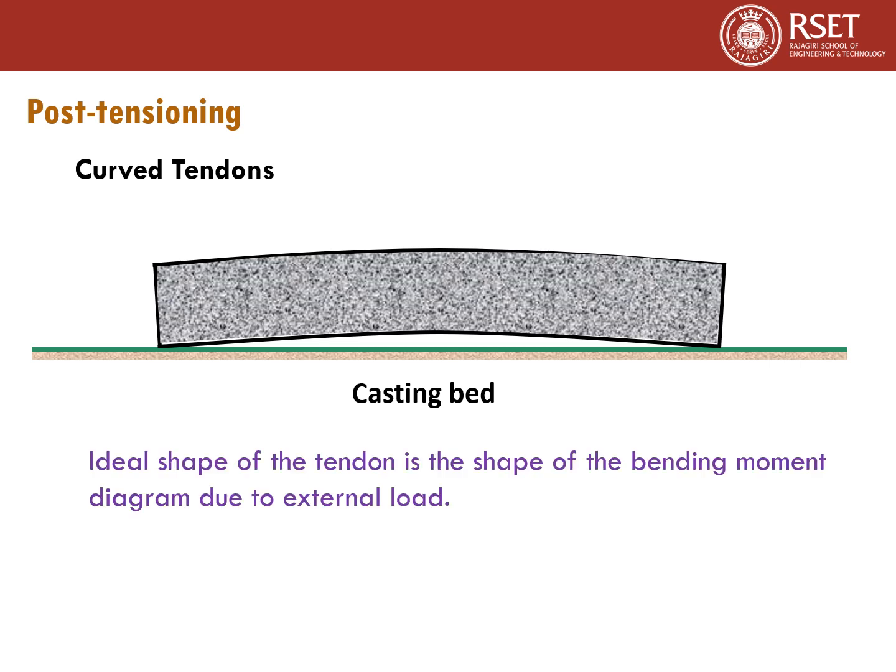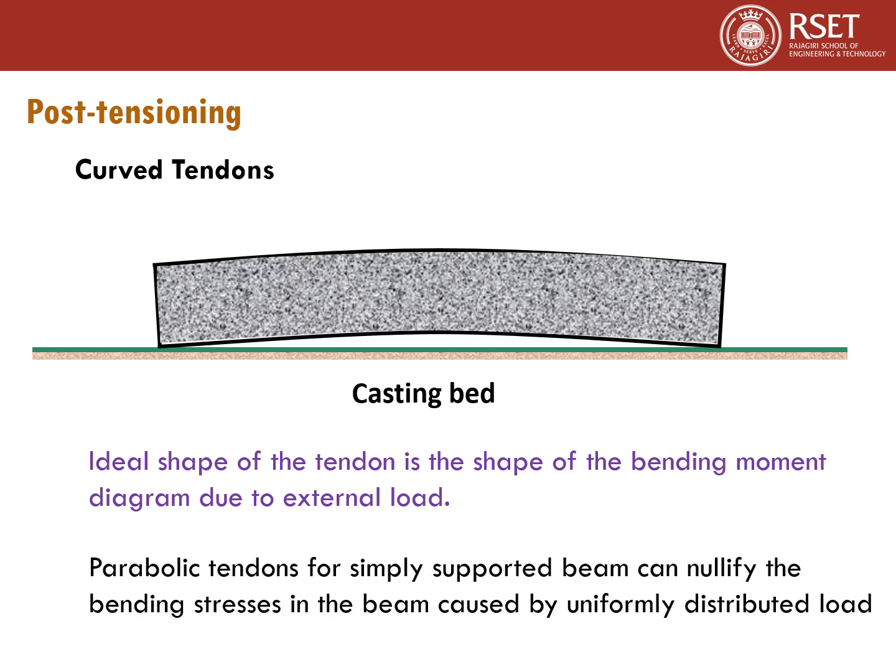So if you look at the ideal shape of the tendon, it is the shape of the bending moment diagram. So in case of a simply supported beam with UDL, the shape of the bending moment diagram is parabolic. So if we give a parabolic cable, we can neutralize the bending stresses. And this parabolic cable can completely nullify the bending stresses in the beam.